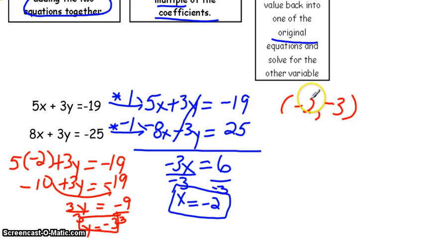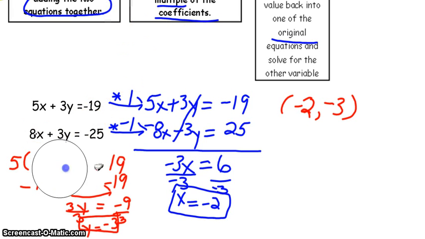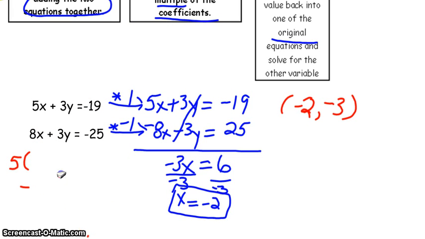And remember, when we check it, we're going to plug them back into the equation. And in order for that to be the solution to my system, both equations would have to be true. So I'm going to erase some of this. Let's just erase where I solved for y here. And let's plug it in.